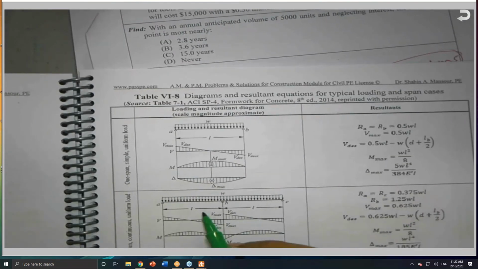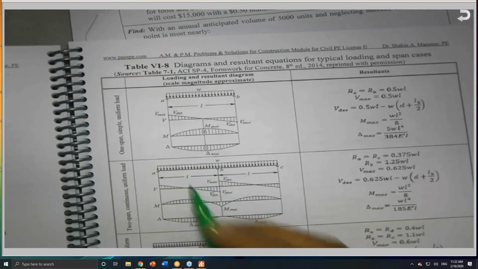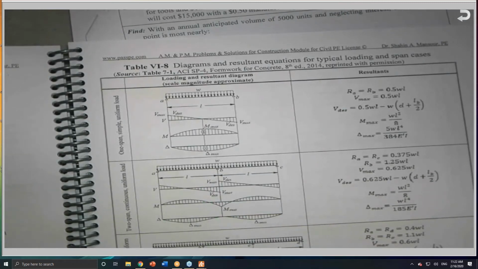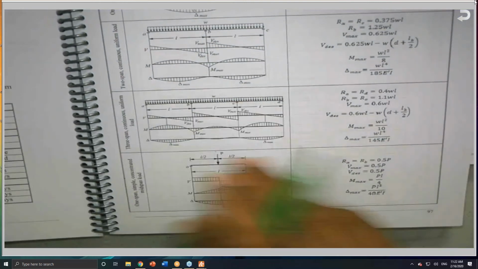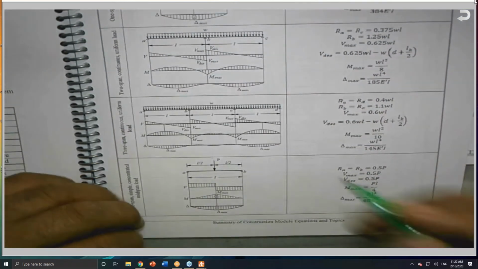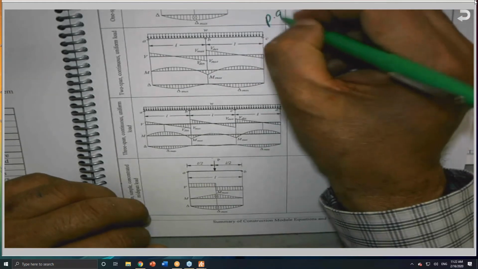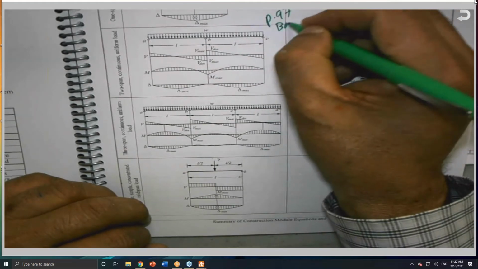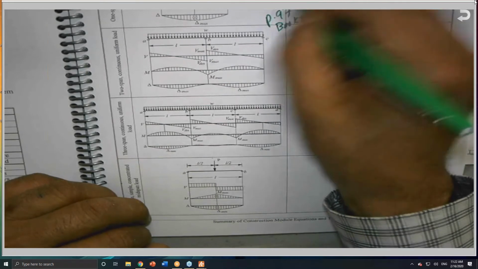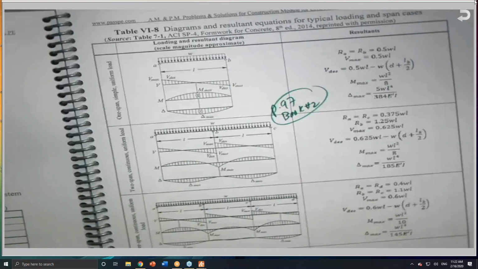I have a two span. This is on page 97 of the AMBM book, or if you go to the textbook, as I told you, whatever is convenient for you. Do you have this case here? I am in the AMBM book, which is book number 2, page 97.